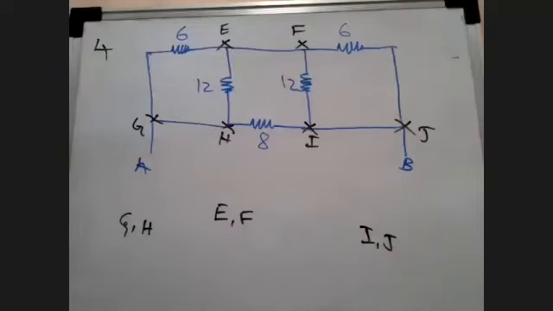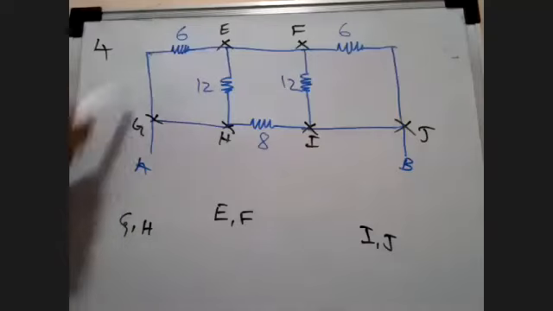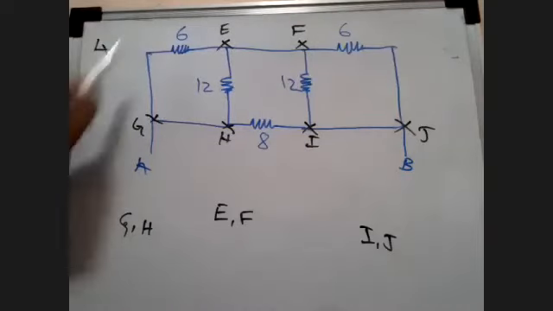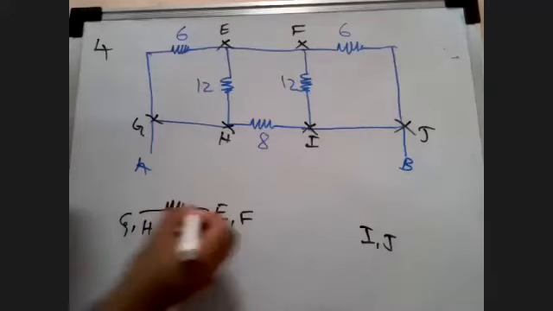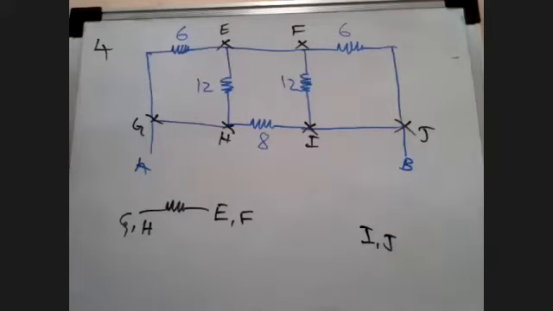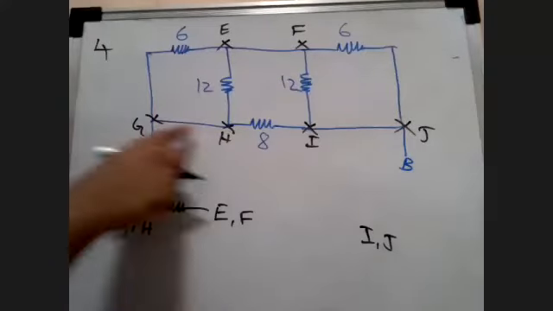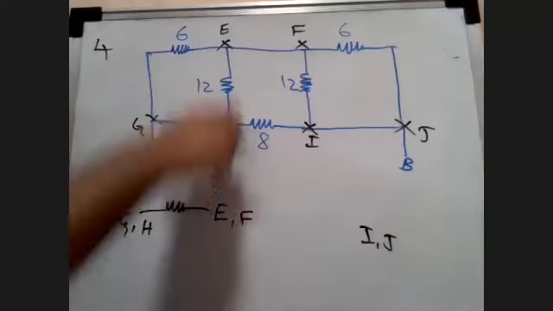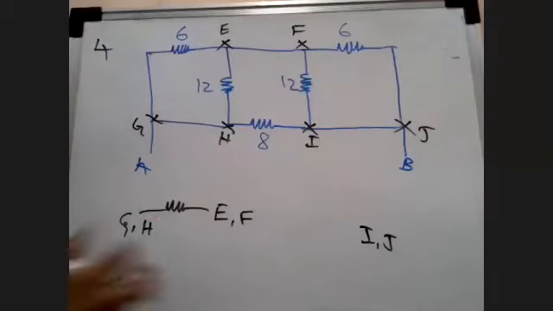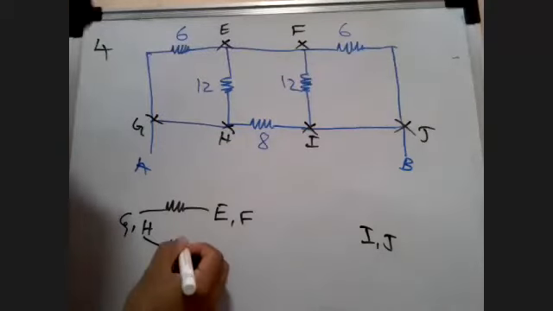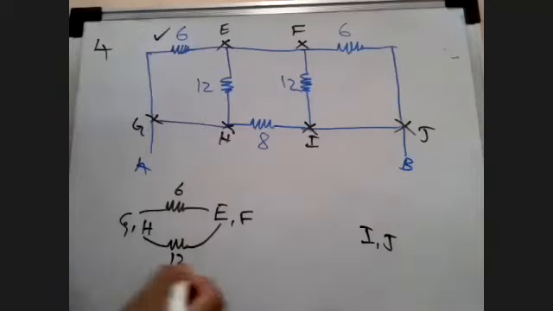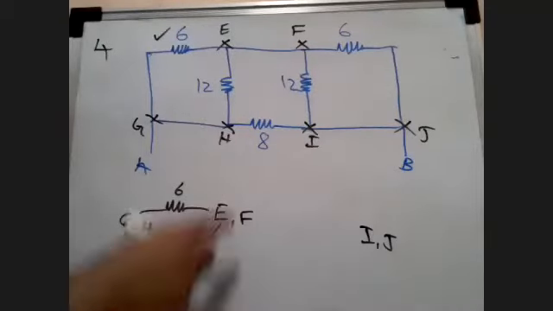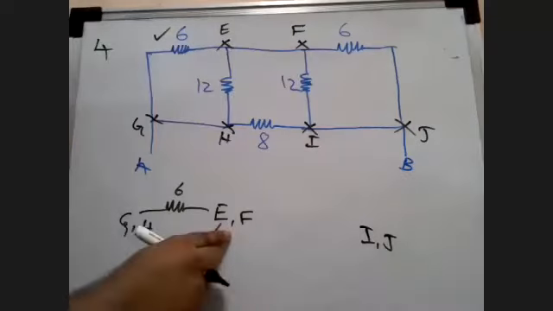So let's start. From G to E, how many resistors are there? From G to E, there's one resistor right here. From G to H, is there another resistor? No, right? G to H is a point. H to E, there's one resistor. We'll write it here: 6 and 12. Similarly, E to F is just one point.